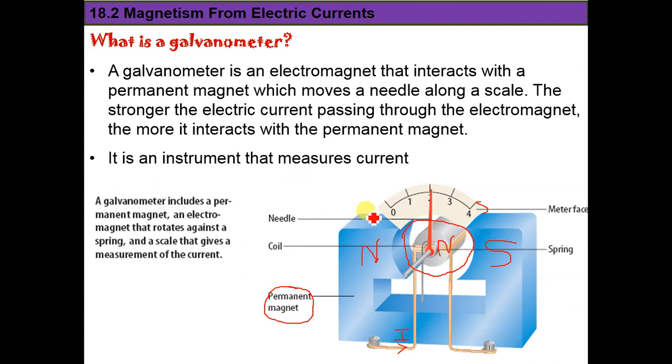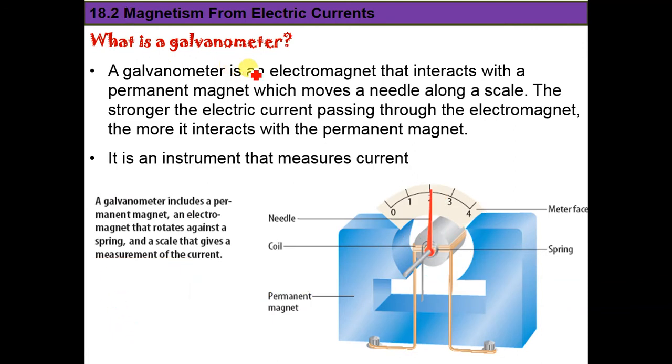It means that this north pole will turn to be attracted by what? By north? No, it will turn to be attracted by the south. So as a result, this electromagnet turns. When it turns, the needle also turns, and shows a specific reading on the scale. So this is how a galvanometer works.